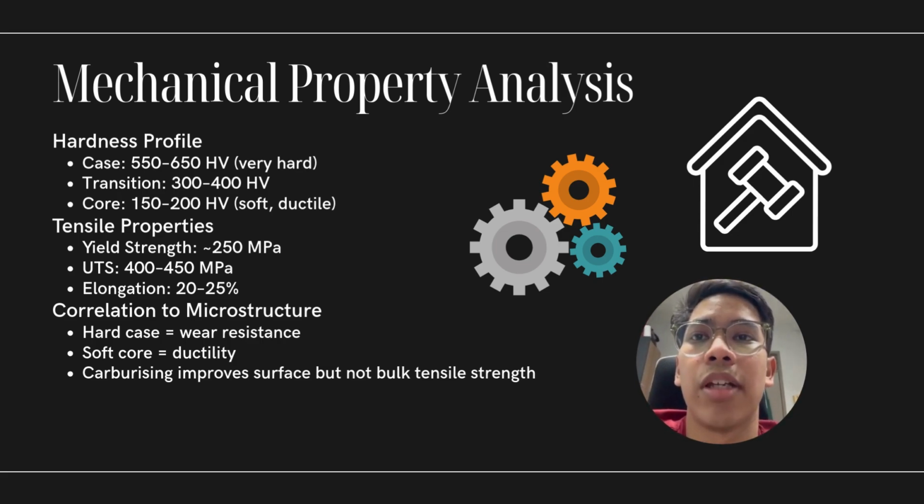For tensile behavior, the core dominates, so the steel still behaves like mild steel, with a yield strength around 250 megapascal, an ultimate tensile strength of 400 to 450 megapascal, and good ductility of 20 to 25%. The carburized layer mainly improves wear resistance and fatigue strength without significantly affecting overall tensile properties.